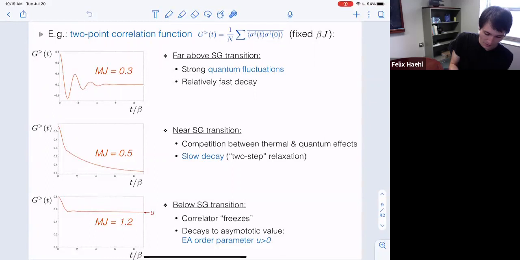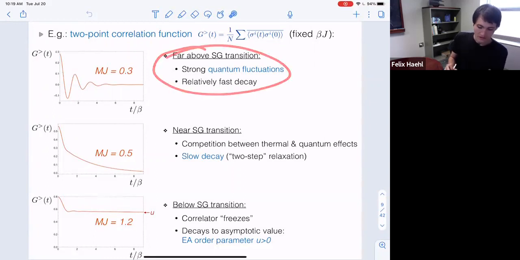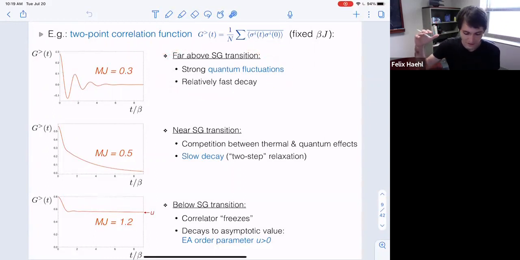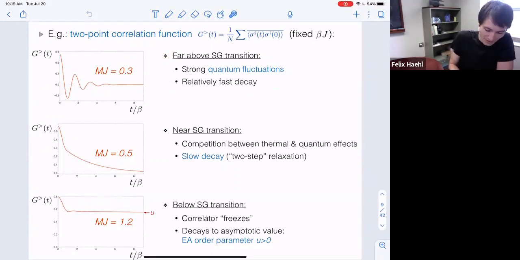This first situation is where we are still far above the spin glass transition, and in that case the system is very quantum in some sense. As a consequence, you can see this oscillatory behavior in the two-point function that decays relatively fast.